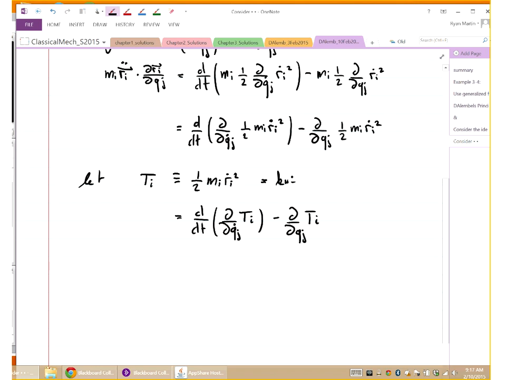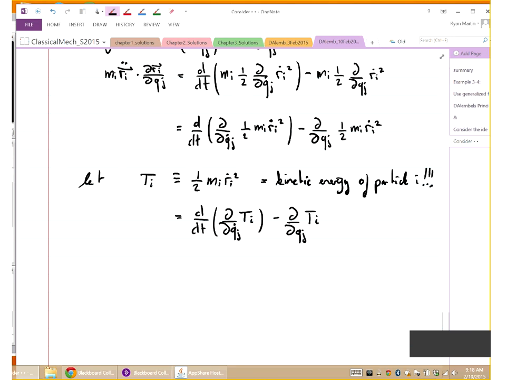So Ti turns out to be the kinetic energy of particle i. And so this is probably one of the most important mathematical steps in all of the course, to do this whole manipulation and find out that you end up with the kinetic energy.